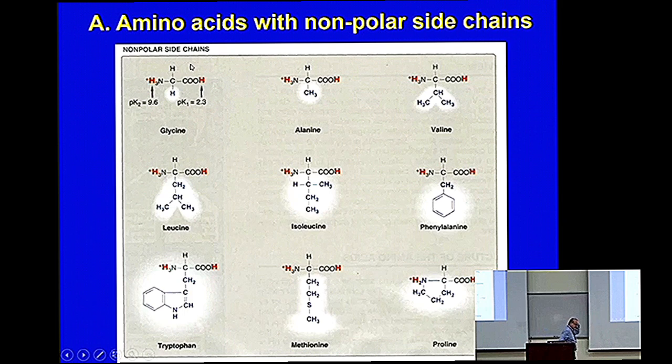So what makes a side chain non-polar? There is really a simple rule of thumb that you can use, which is that if the side chain or the R group is rich either in hydrogen or in carbon, C or H, then it's likely to be non-polar.